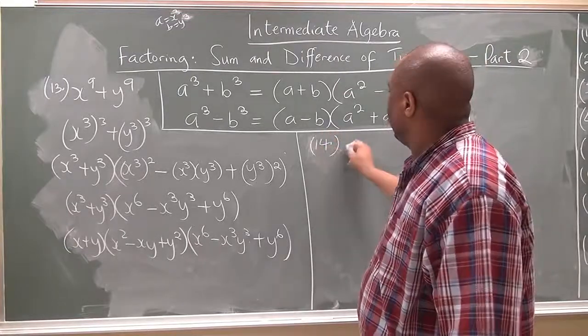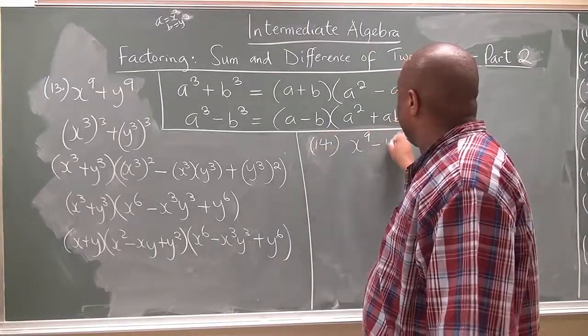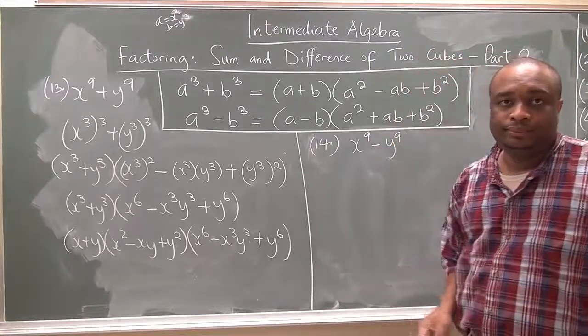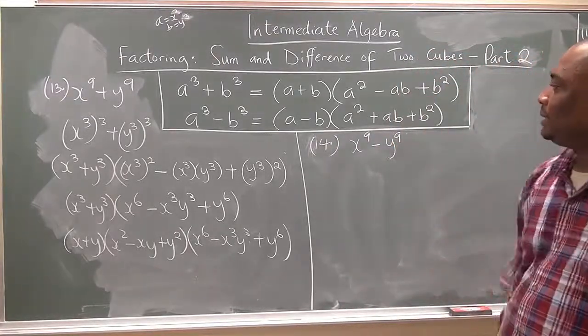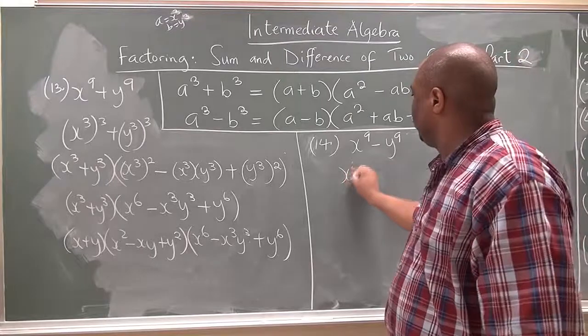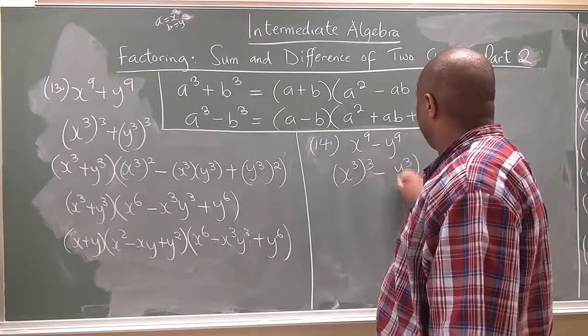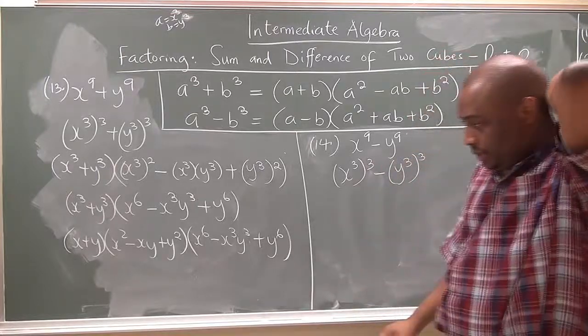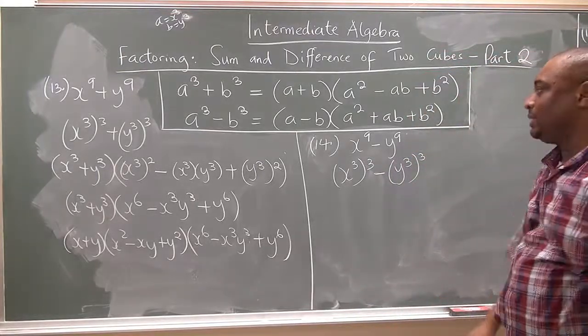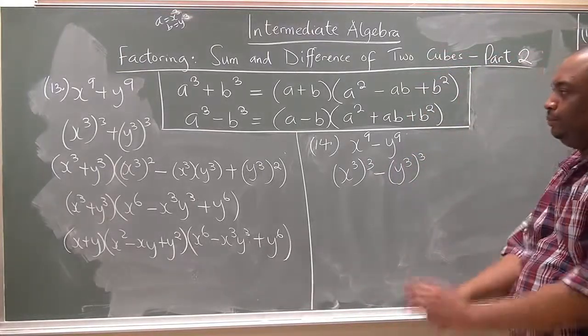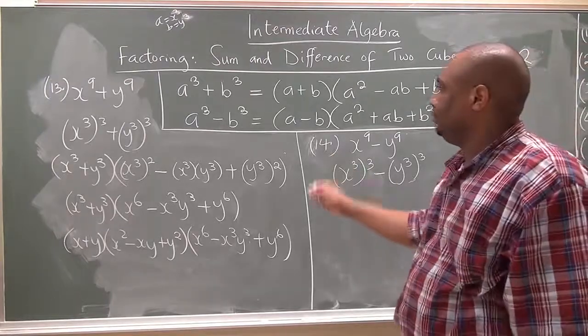Question 14. X^9 minus Y^9. Our A is, well, it will be (X cubed) all cubed minus (Y cubed) all cubed. Right? So our A is X cubed and our B is Y cubed. So this will be what now?